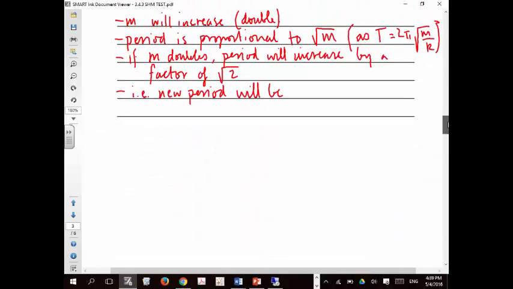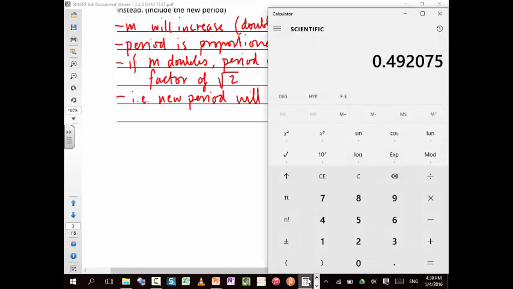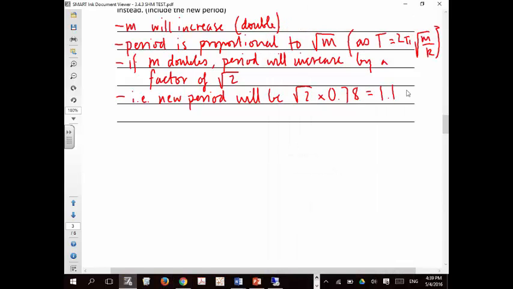So new period will be square root 2 times 0.78, which is 1.1. Okay. Alternatively, you could have just plugged in the new value for the mass here, kept the same spring constant. You would have got the same answer. Okay, so that may be enough to get you full marks.